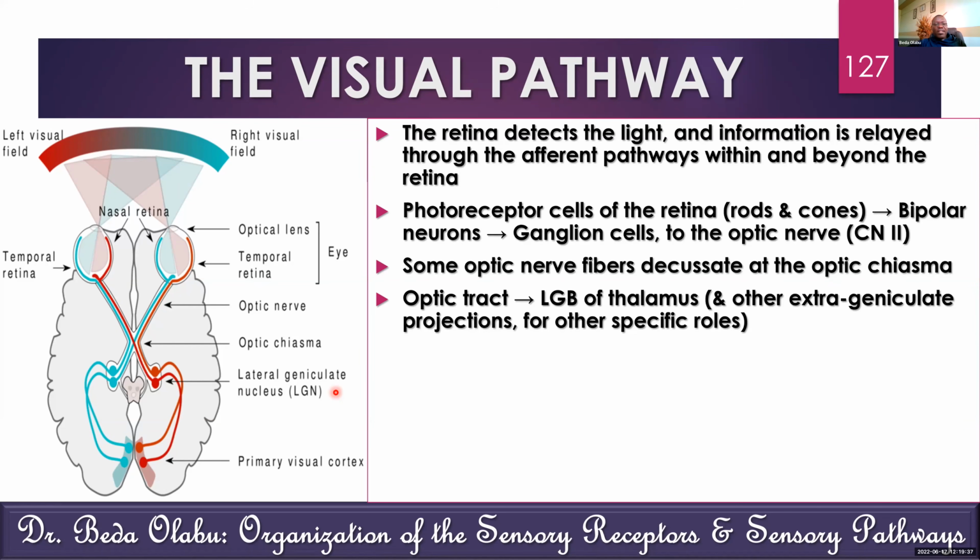Just like hearing and vestibular function, visual input does not just go to the thalamus and cerebral cortex only. It may also go to other regions. Those other regions that receive the fibers of the optic tract can be termed extrageniculate projections of the optic tract. And I can name for you a few of them. I'll name for you 3.